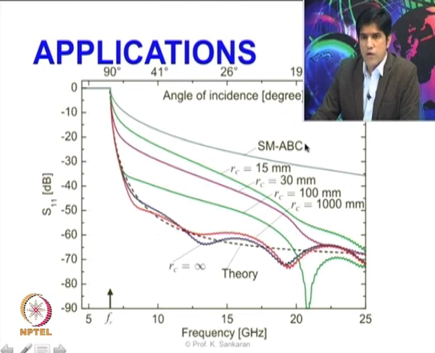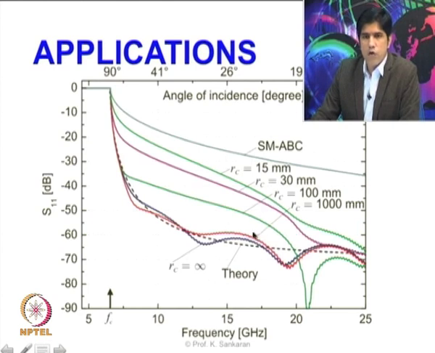So the Silver-Müller boundary condition is behaving as expected, worse than the other possible cases of radial truncation, radial UPML. As you can see, in every case the radial PML is better than the Silver-Müller boundary condition.